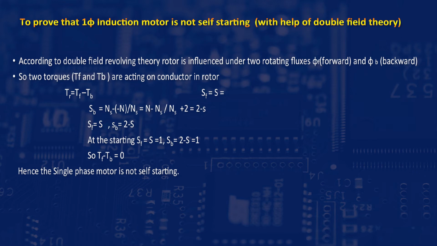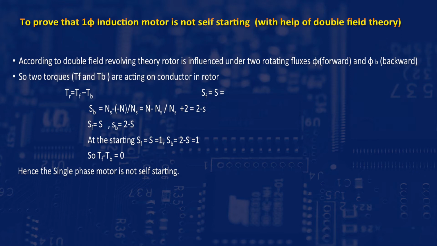So, the forward slip is equal to s and the backward slip is equal to 2 minus s. At the time of starting, when your speed is 0, the slip is 1. At that time, the backward slip will be equal to 2 minus 1, which is again 1.